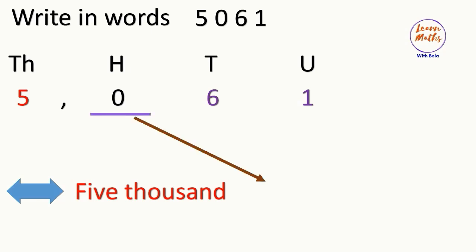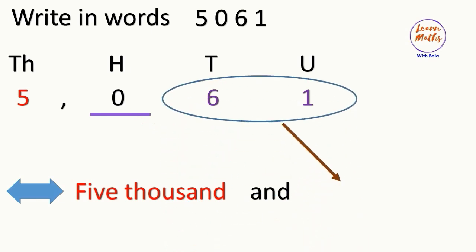So we have 5,061. You know, in English, when you are listing something, you write it as, I bought chocolate, gum.